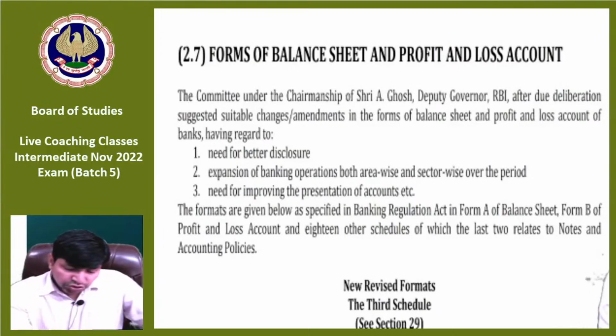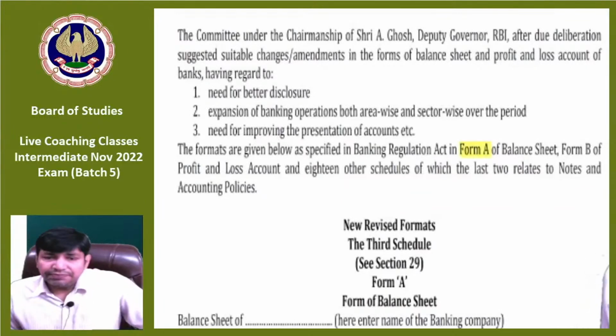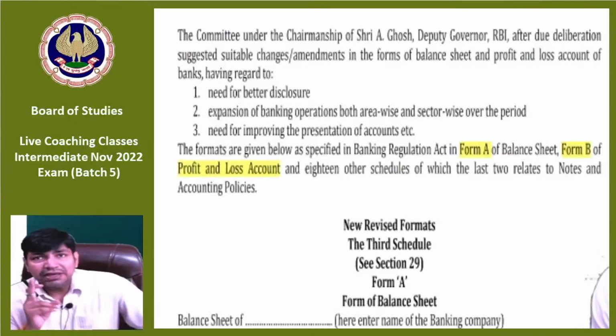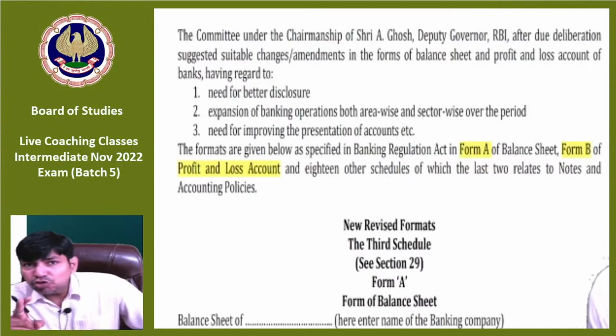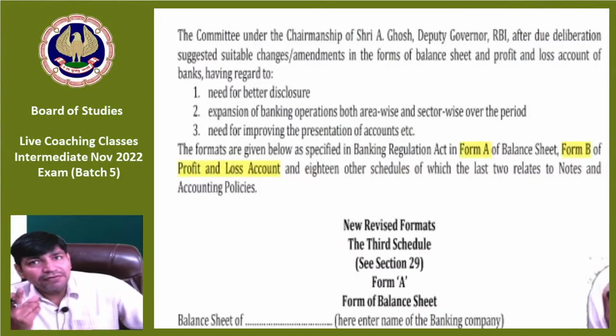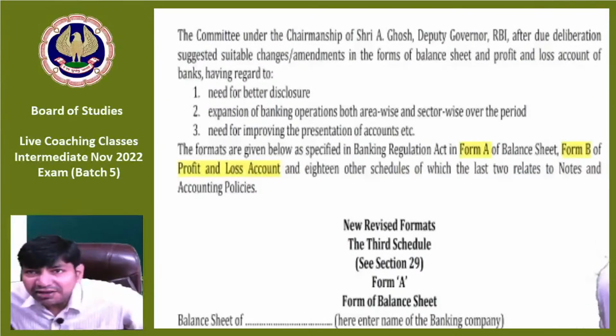Okay, beta. So see. So here is given form number A for the balance sheet and form number B for the P&L account. In the same way, as in case of schedule 3rd of Companies Act 2013, there were also two parts, part 1, part 2. Beta, form word is used where there is a format. Okay, beta. Sorry, format word is used there where there is a form.